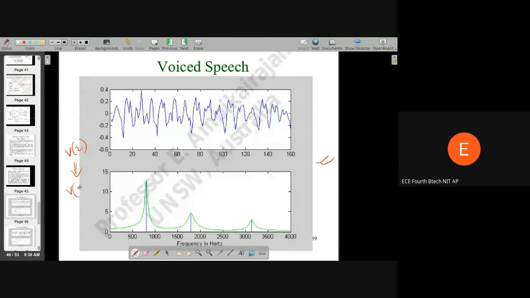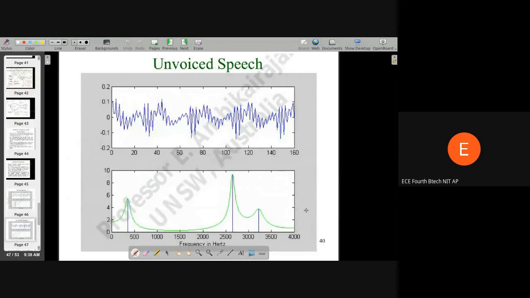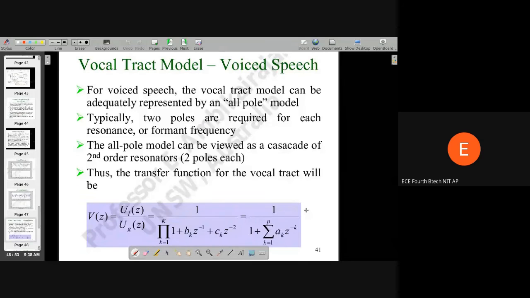If we plot the vocal tract spectrum, V(e^jω), this is how it will look. For unvoiced speech, this is how it will look: higher energy formants or higher energy vocal tract resonances. So now let's model this.